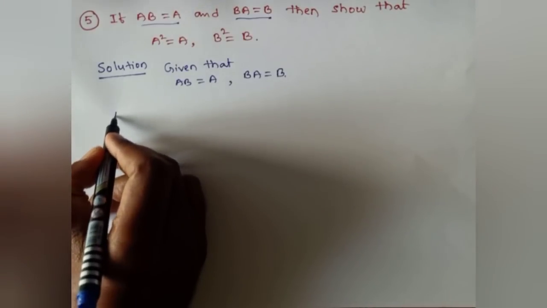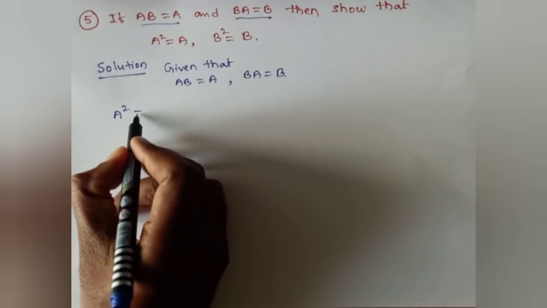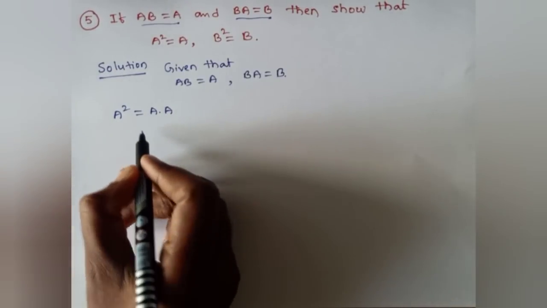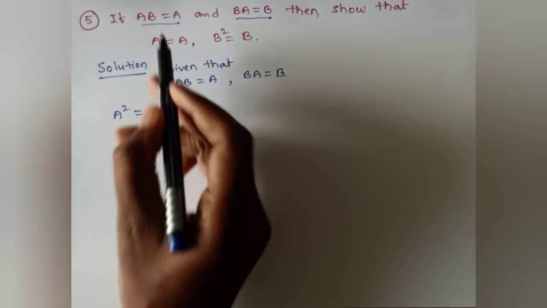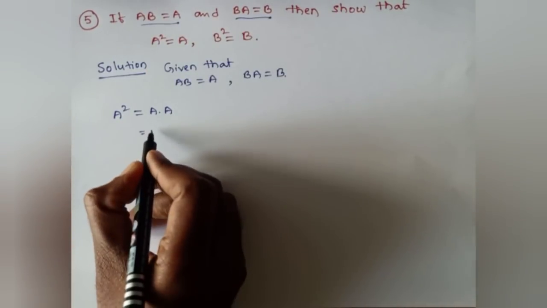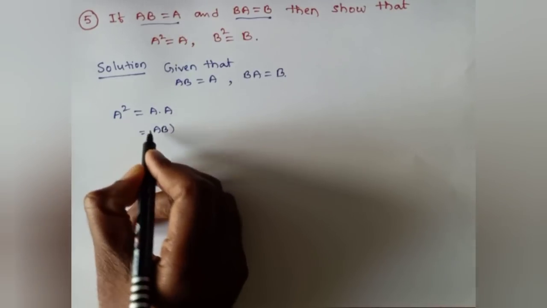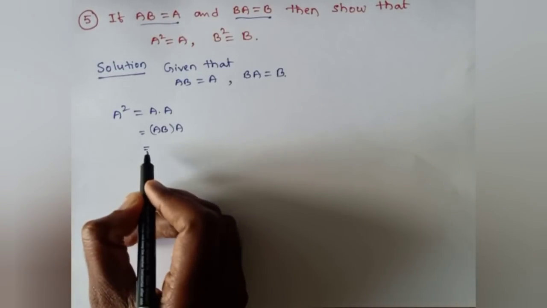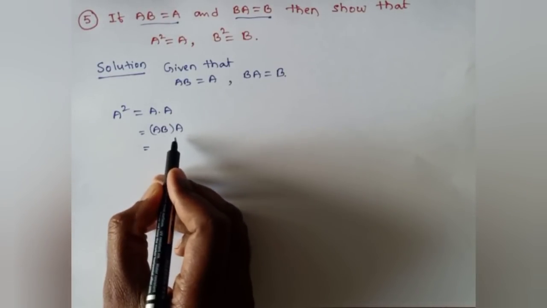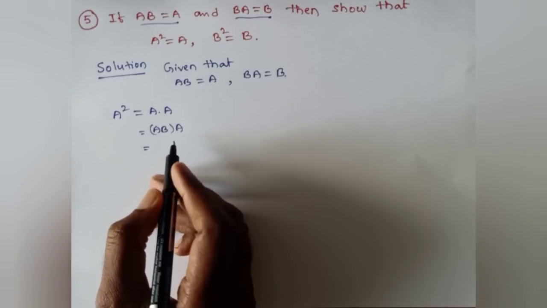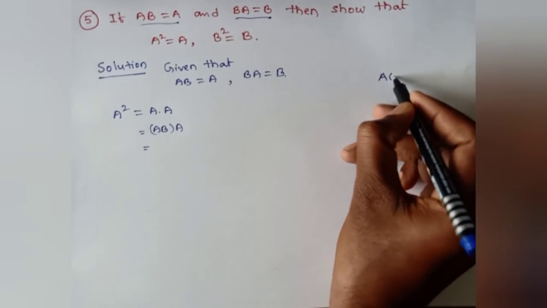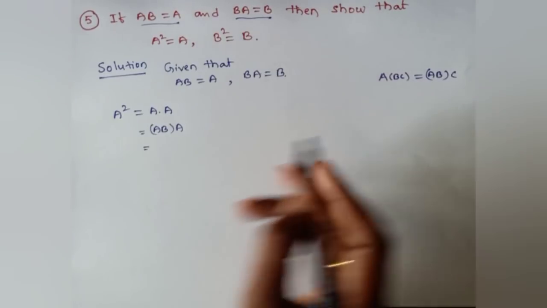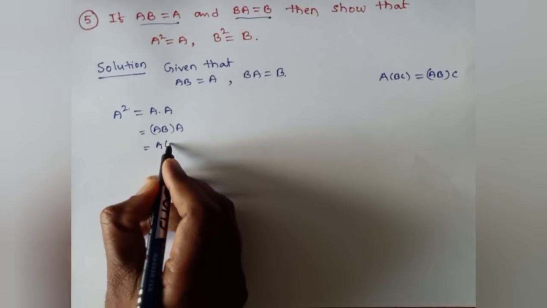Now let's check with A square. A square can be written as A into A. Here one A can be written as AB also, so I am replacing this first A with AB, since the given condition is AB equals A. With respect to multiplication, the matrices satisfy the associative property, that means A of BC can be written as AB of C. So we can write this as A of BA.